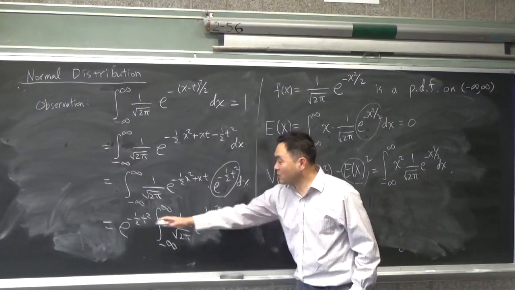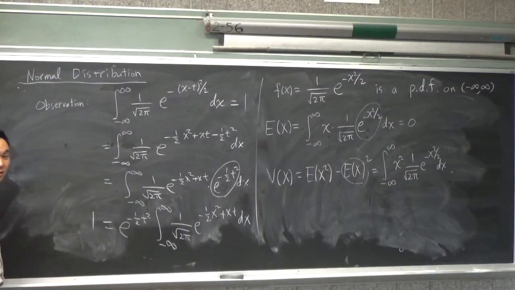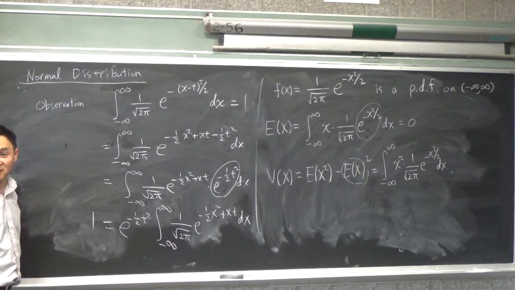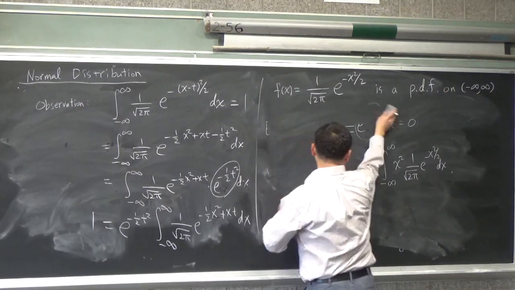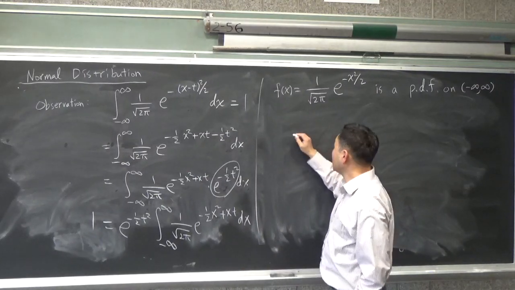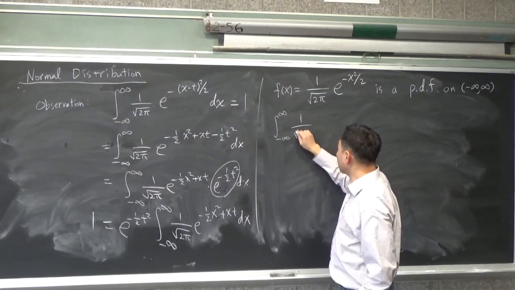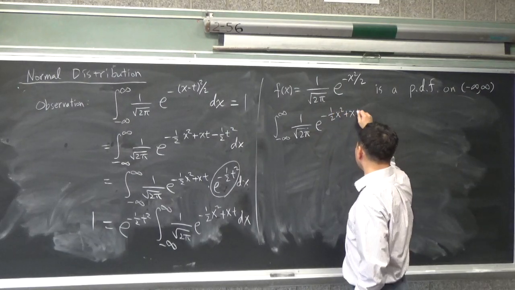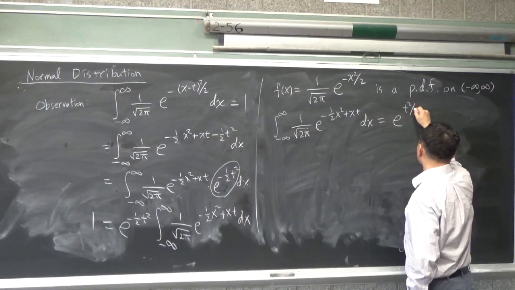And then, remember, what is this entire integral equal to again? It has to be equal to 1. So I just multiply this to the other side. And here's a result that we immediately get: the integral from negative infinity to infinity of 1 over square root of 2 pi, e to the negative 1/2 x squared plus xt dx is going to equal e to the t squared over 2.